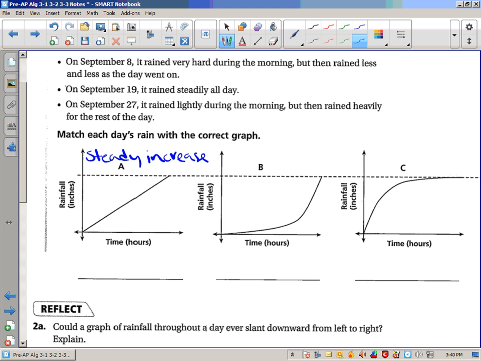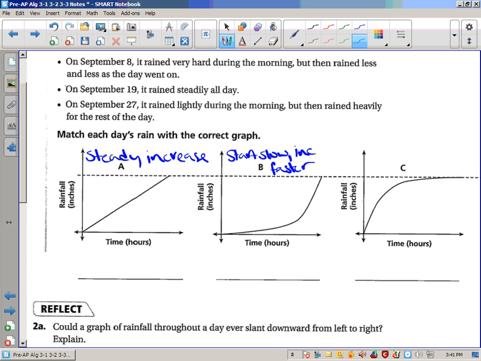Now in B, we don't have a straight line anymore. We have a bit of a curve. So again, if we were to watch that rain gauge, it would start out filling up slowly. So start slow, then that rain gauge would fill up really fast. Then we would increase faster.